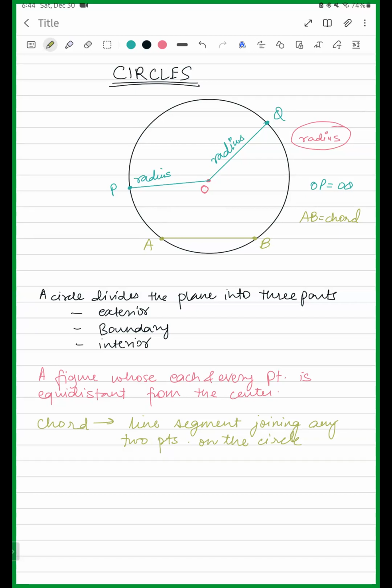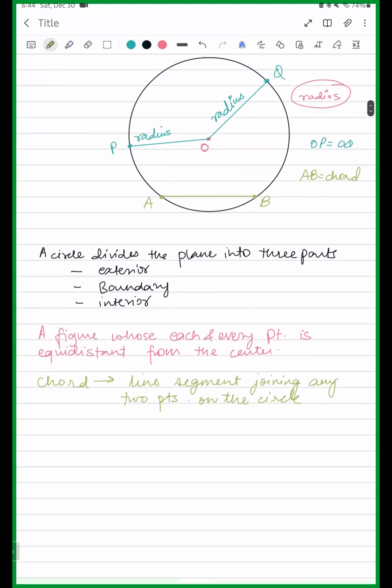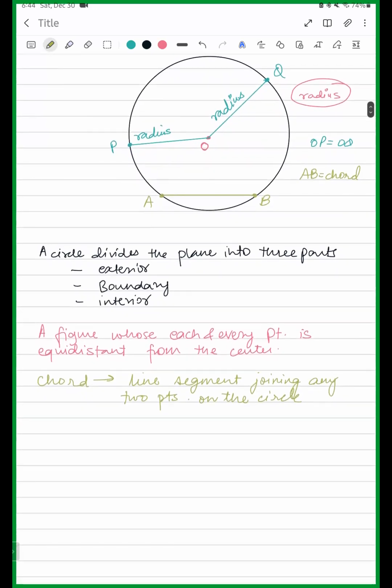How many chords can a circle have? Can someone tell me? How many chords do you think a circle can have? Many. Yes, many. How many? That's right, many. You're on the right track.